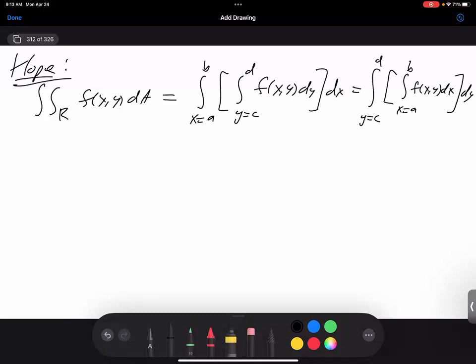That's a really good hope: that the way we calculate a double integral over a rectangle is first fix a value of x and then have y go from c to d, calculate what's going on, and then sum that up over all the x's. Or conversely, fix a value of y, see what's going on for x, and then sum all of those up.